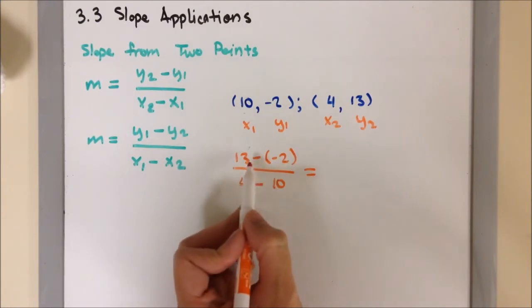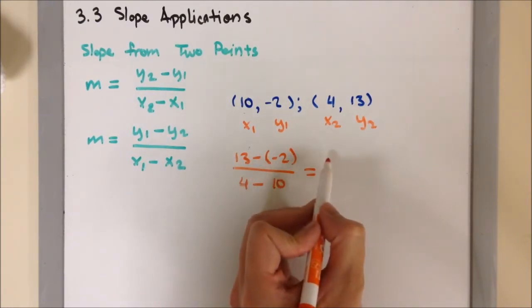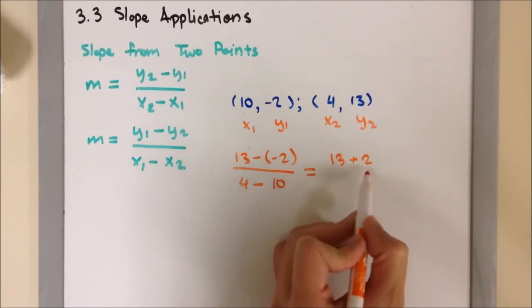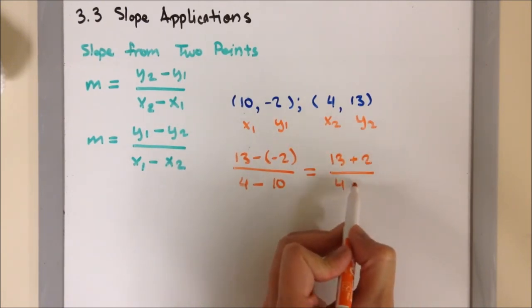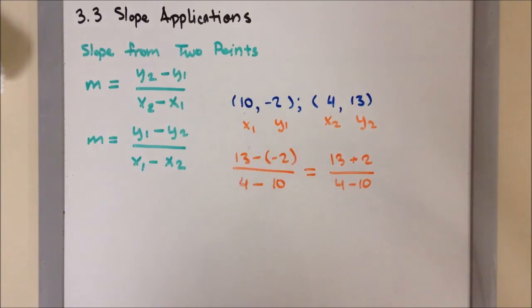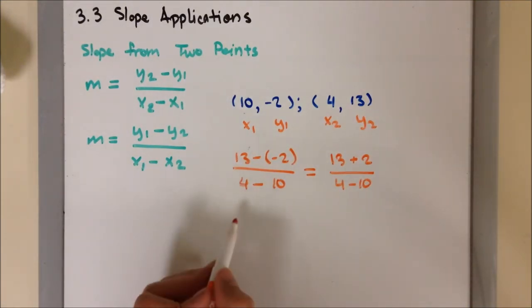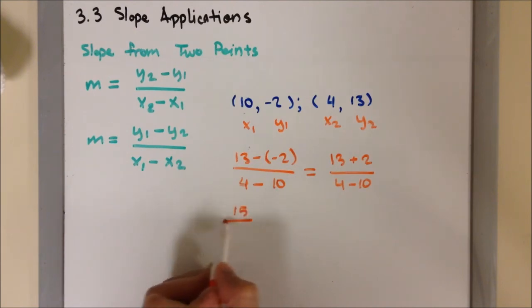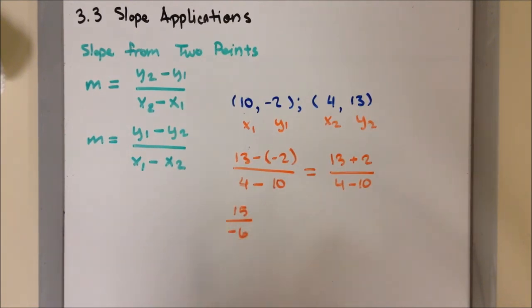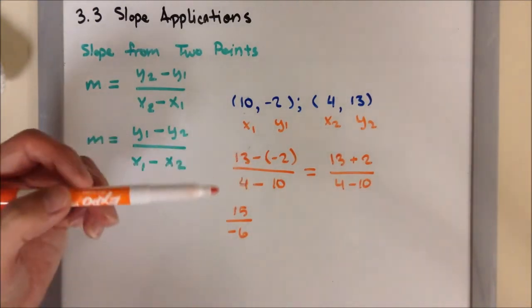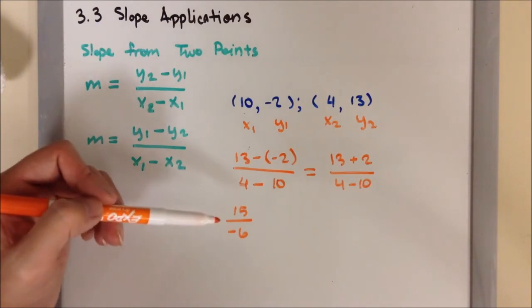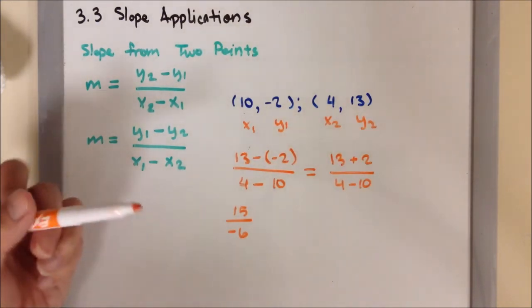I'm going to simplify the top because we have a minus and a negative. So on the numerator, it will be 13 plus 2 over 4 minus 10. So I'm going to simplify the top, which will become 13 plus 2 is 15. And then on the bottom, 4 minus 10, which will be negative 6. Now I can simplify this fraction because 15 and 6 have a common number that they both can be divided by, which is 3.